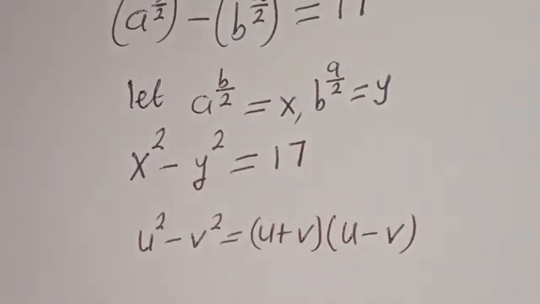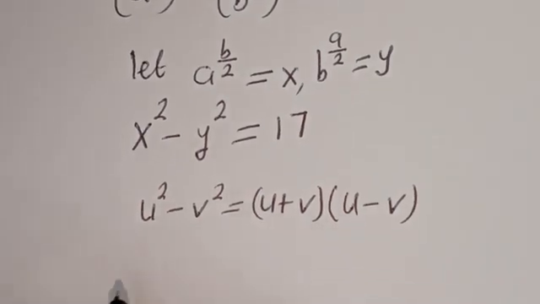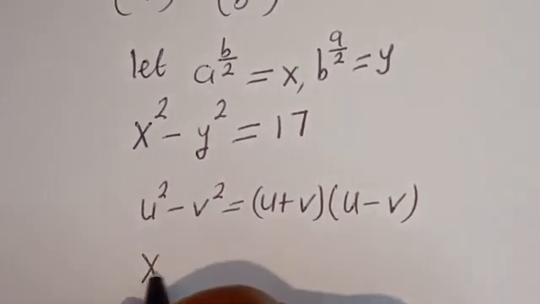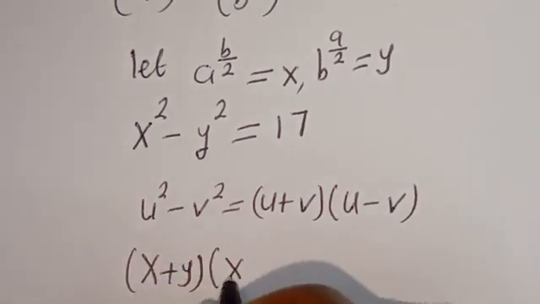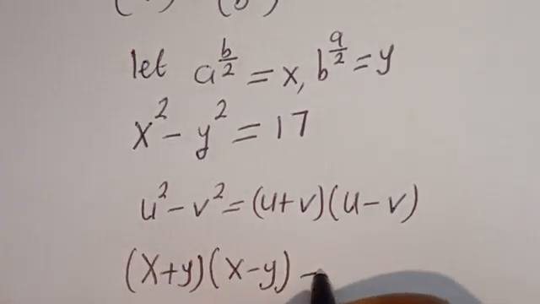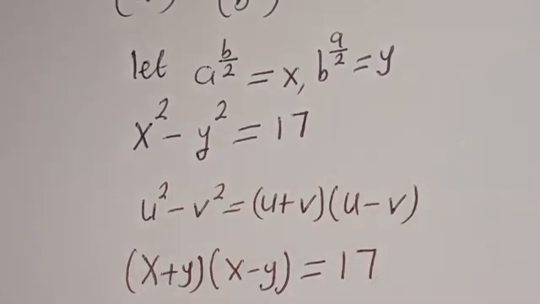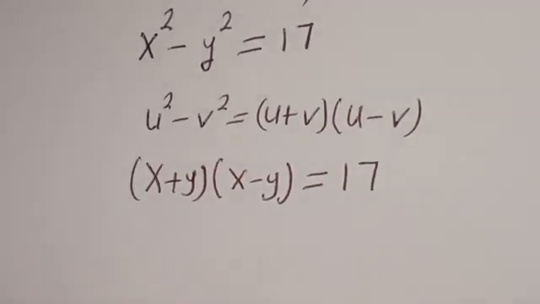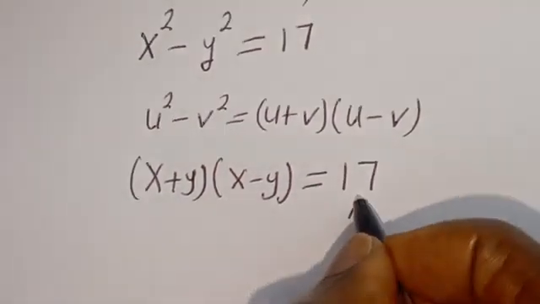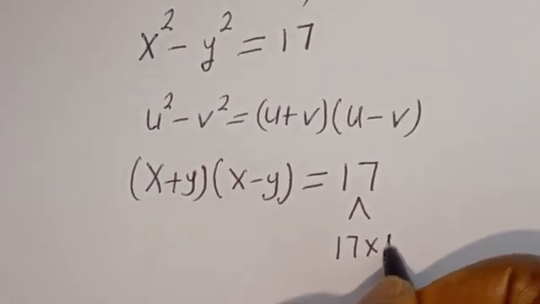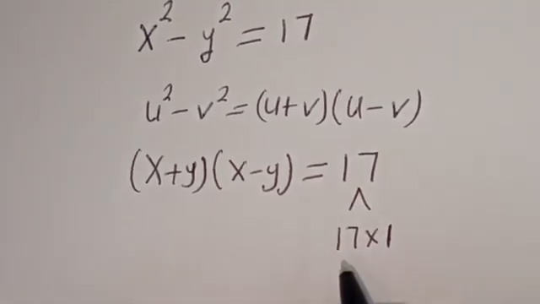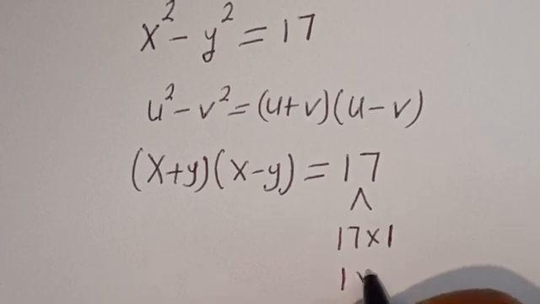Then this can be written as x plus y multiplied by x minus y is equal to 17. Now the 17 can be a product of 17 multiplied by 1 and 1 multiplied by 17.